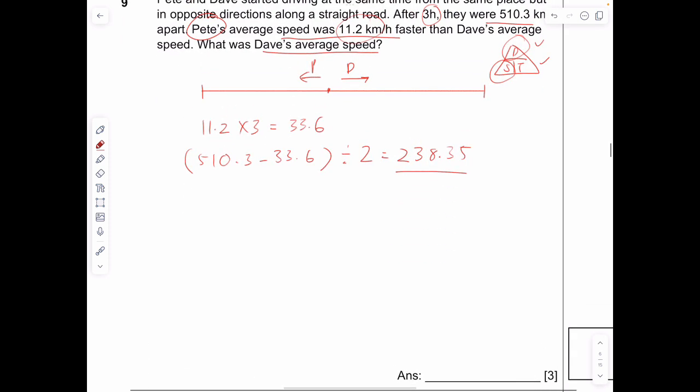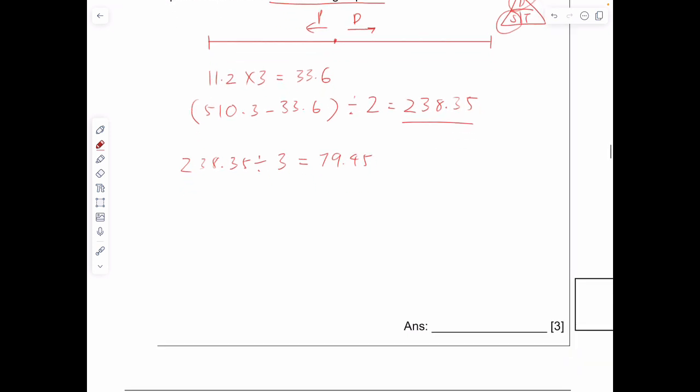So therefore, 238.35 was how much Dave traveled. He traveled for how long? 3 hours. So I will divide by 3 and it's 79.45. So my answer in this case would be 79.45 kilometers per hour.